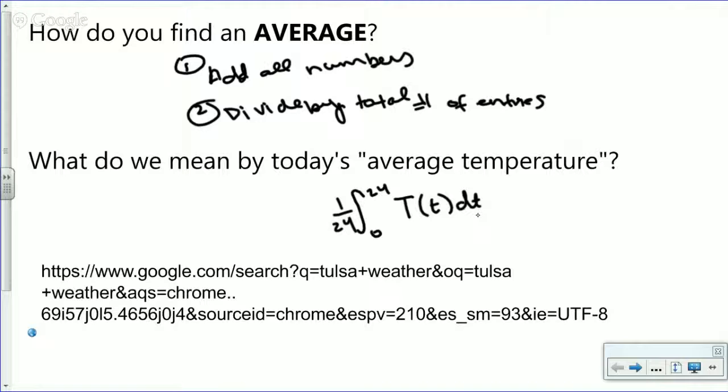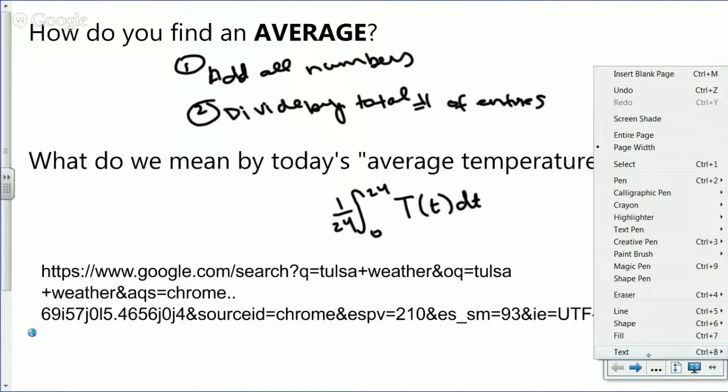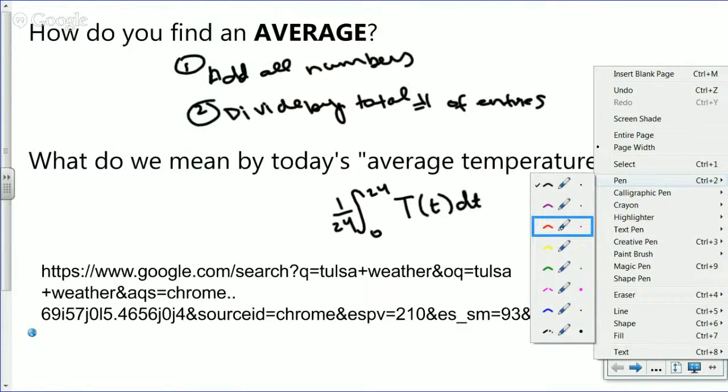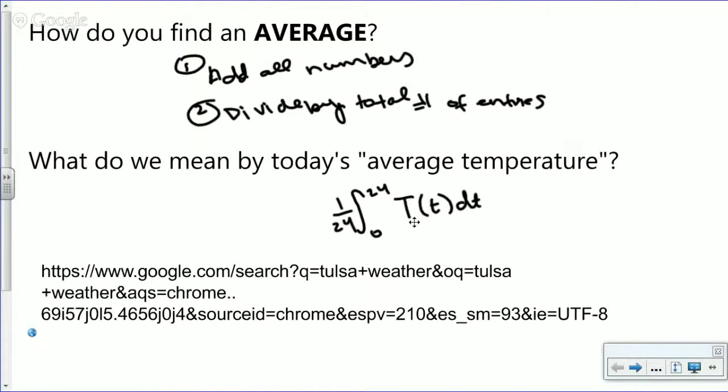And to be certain here, why don't we make sure our units all pan out? So capital T would be in degrees Fahrenheit, right? Degrees Fahrenheit. dt we said was in hours.